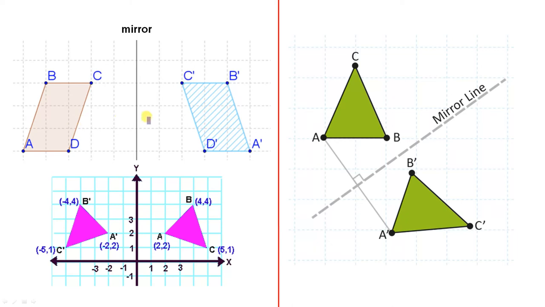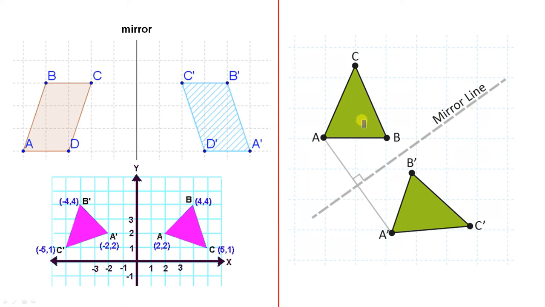Just pretend that's a mirror and that object is looking at itself there, or that plane shape is looking at itself there. Even on a number plane, exactly the same thing happens. If you look at the y-axis as a mirror or an axis of symmetry, there's your original, for example, and that could be your image or vice versa. And it doesn't matter where the mirror line is, it could even be on a slope, it doesn't matter.